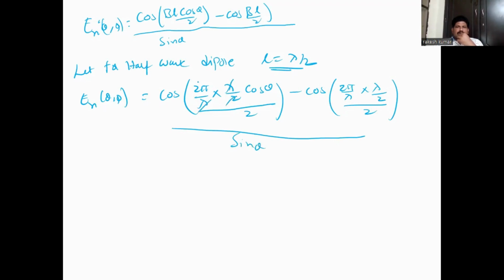Lambda will get cancelled, 2 get cancelled. So what is the final value?